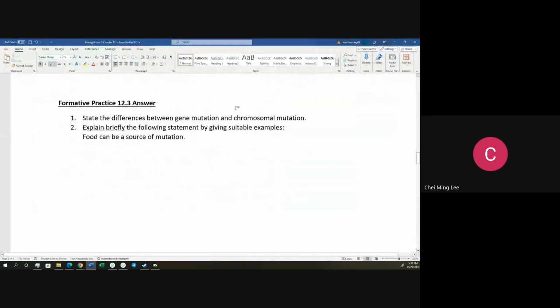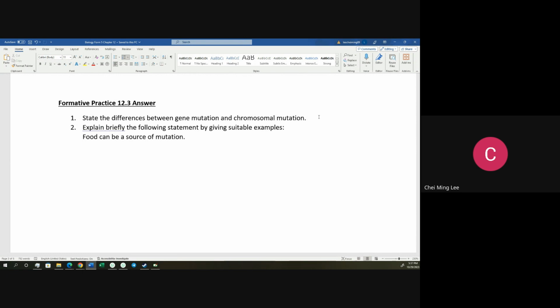All right, for this one, first, what is the difference between gene mutation and chromosomal mutation? We are talking about the definition.